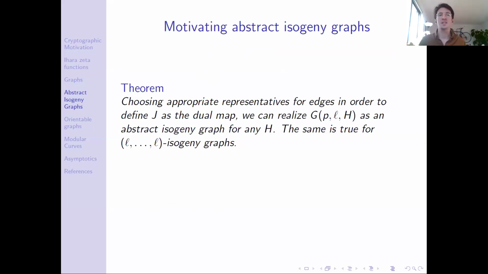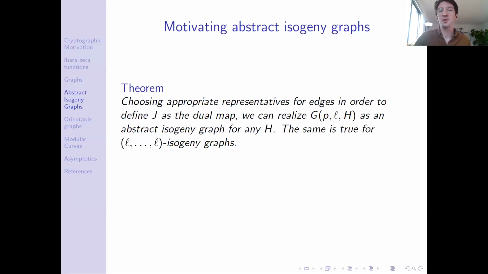And so the first test case, and this is a vaguely worded version of our theorem, but you can check the paper for the details, is just making sure that isogeny graphs with level structure are actually instances of this abstract isogeny graph definition that we've given.